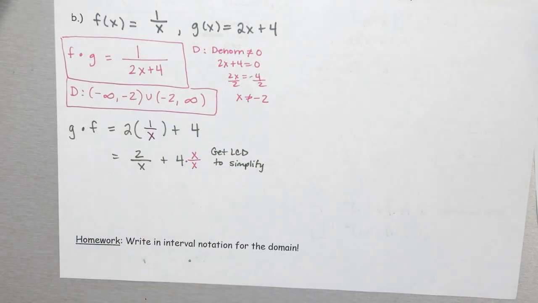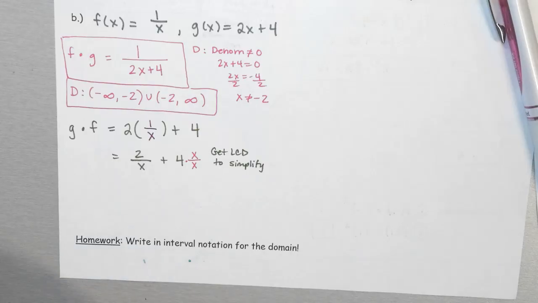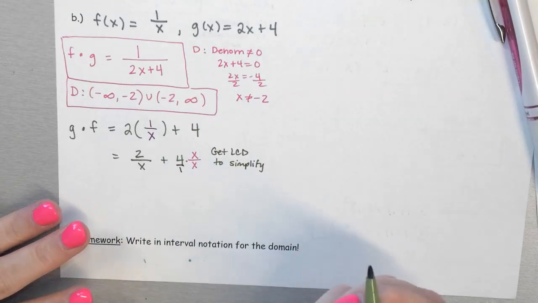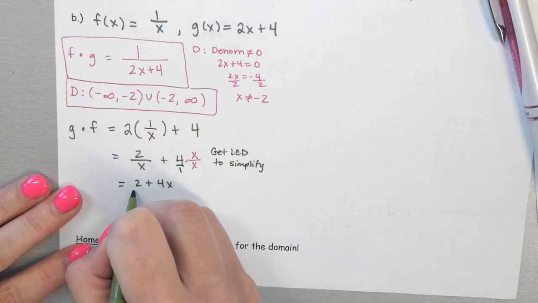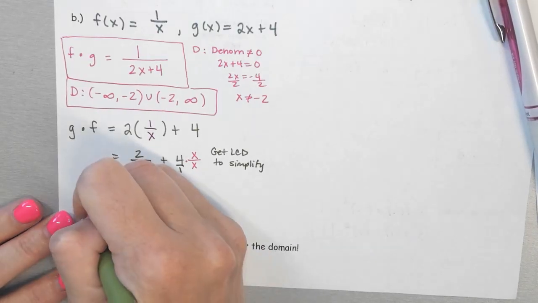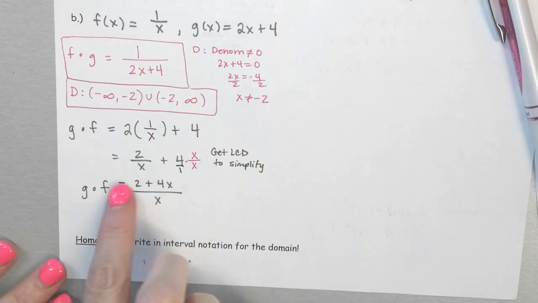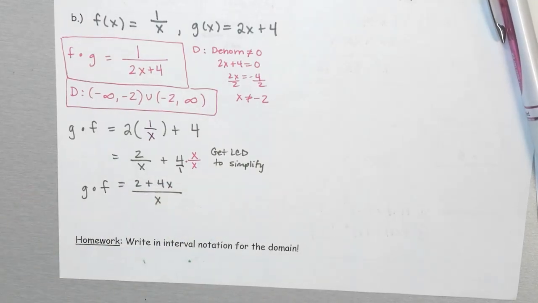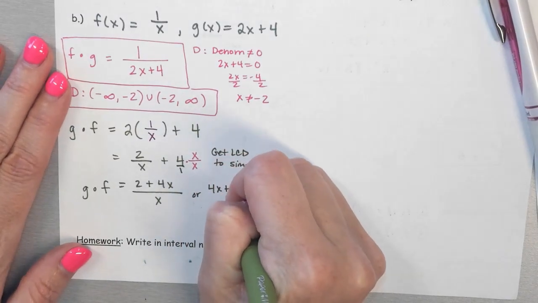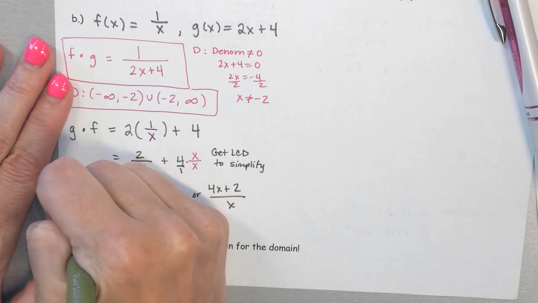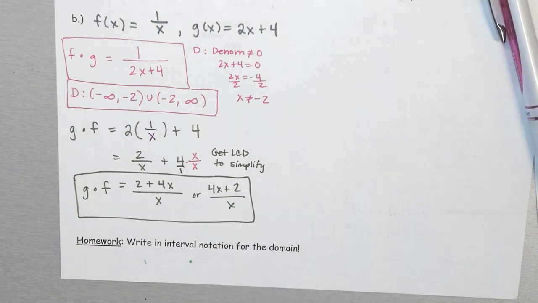So we're going to multiply by x over x. Okay, so then I'll have, think of this as over 1, then I'll have 2 plus 4x all over x. You can leave your answer like that because now you have one expression on the top, you have one expression on the bottom, or if you wanted to write it as 4x plus 2 over x, that is fine. Okay, so either of those would be great.